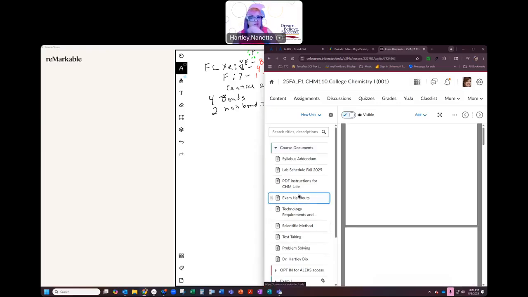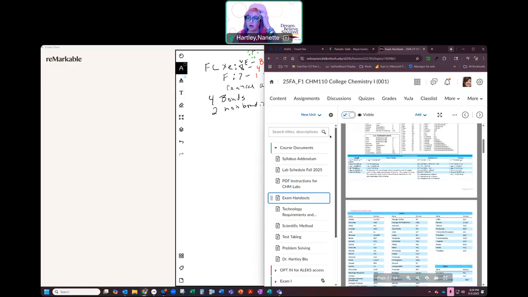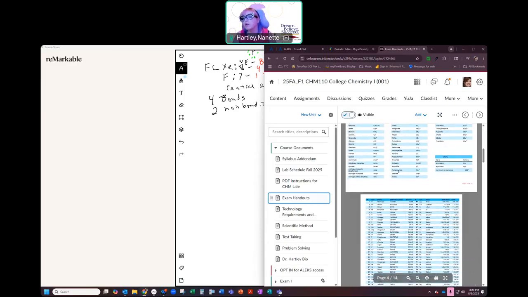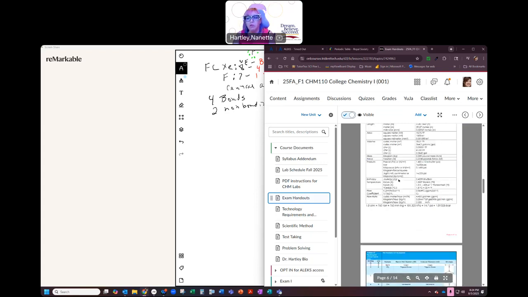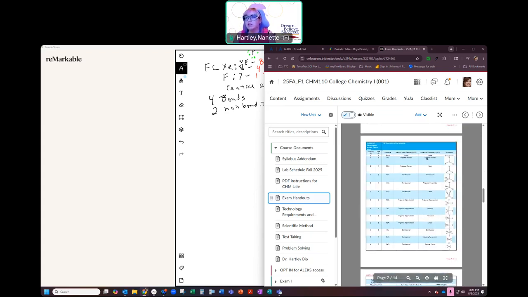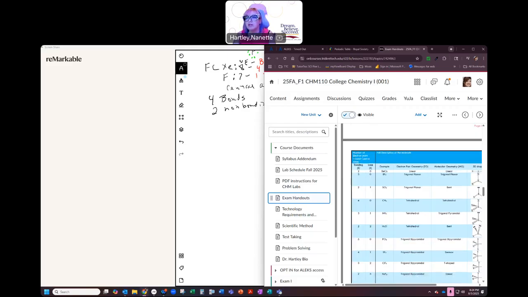I know that in those exam handouts, I have a copy of this table that we will get a version of in lab. And that looks like this. So I can zoom in on this a little bit. That will make my life easier.